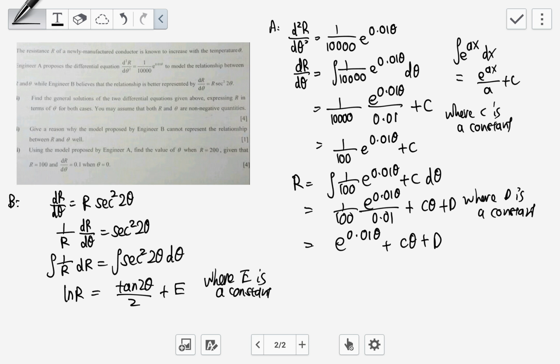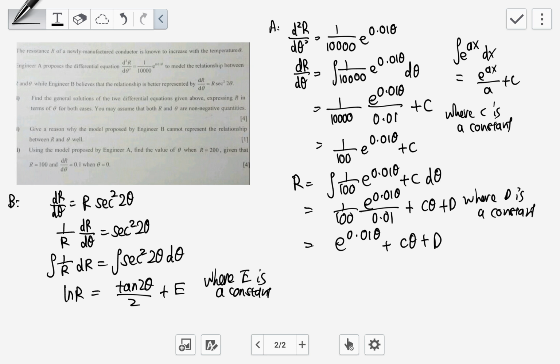Now, give a reason why the model proposed by engineer B cannot represent the relationship between R and theta. What is our R? R is the resistance of a newly manufactured conductor and is known to increase with the temperature theta.